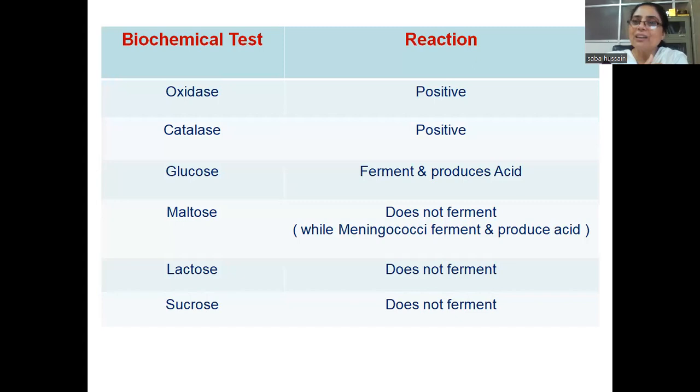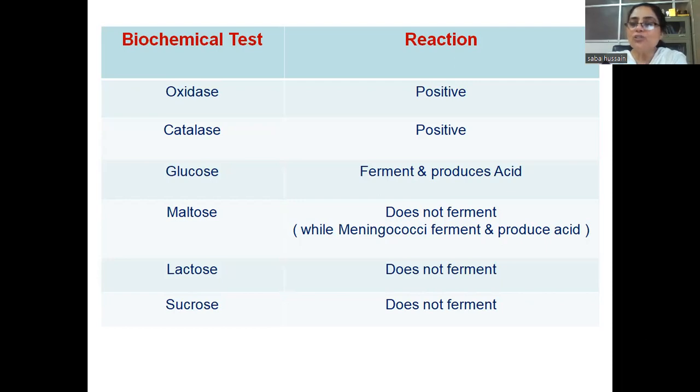Why certain bacteria give oxidase test positive, while certain give negative, and what is present in bacteria that is responsible for the test being negative or positive, you can read about in my previous videos. There is a whole video on it, so I'm not going into the details of why this bacteria is giving oxidase positive. I have just summed up here that Neisseria gonorrhoeae is oxidase positive, catalase positive.